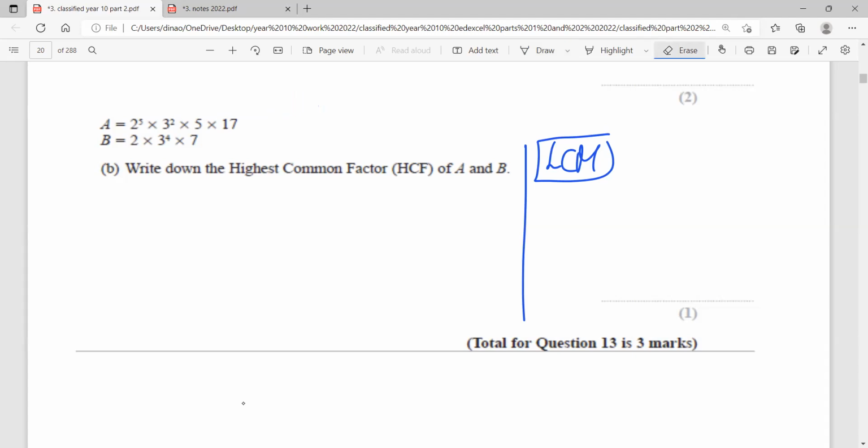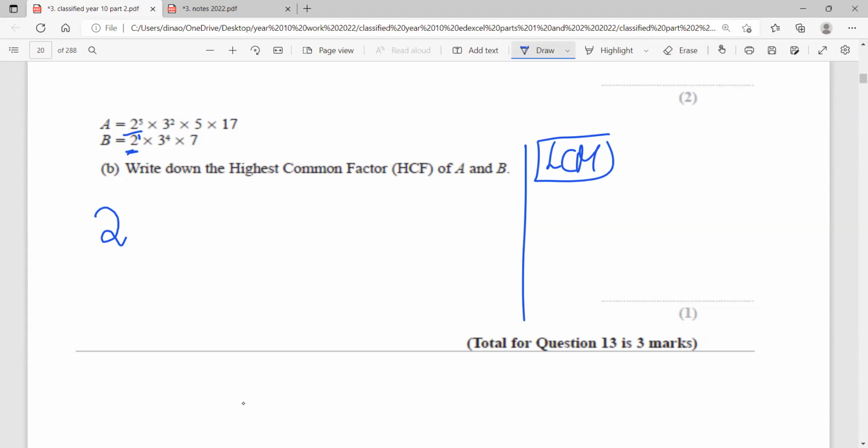To find the HCF, if the numbers are factorized, first I check the common factors. What does common factor mean? A number written both on top and at the bottom. I check the common factor, so I'm now focusing on the 2s. Which is the HCF? The HCF is the factor with the smaller power. The power at the bottom is 1 and the one at the top is 5, so I choose the smaller one, which is 2 power 1.